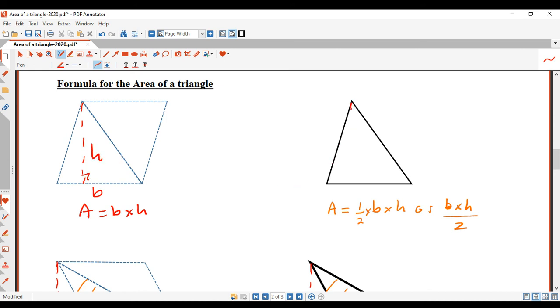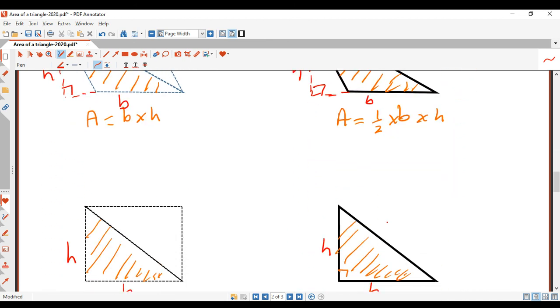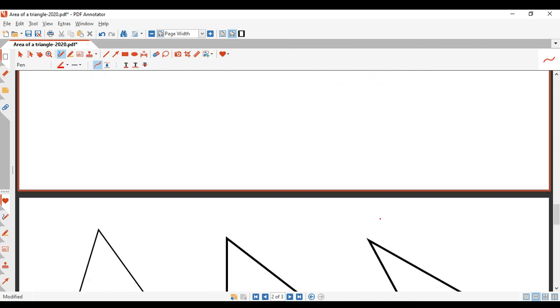And same over here, we've got the height. So what we can see is that the formula for any triangle is a half the base times the height, or just base times height divided by 2. So any type of triangle, it's all the same formula.